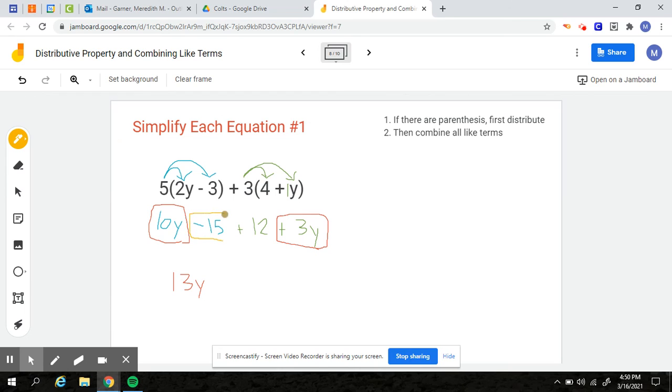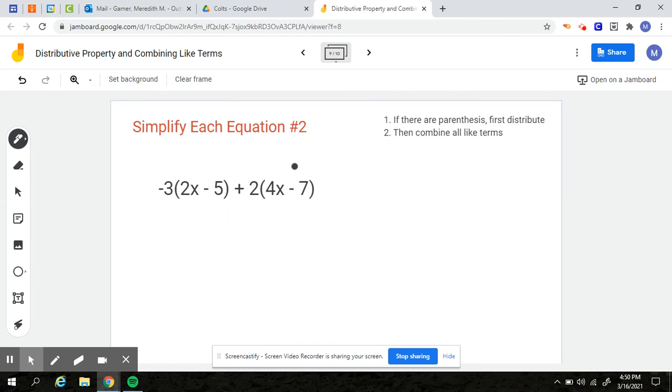I have negative 15 and a positive 12. Negative 15 plus 12 will give you a negative 3. All right, so that's my final answer. I was able to take this big, long equation up at the top and simplify it to 13y minus 3. So that's the whole point of doing these two things, is to take something that's long and complicated and make it simple and shorter and easier to use.